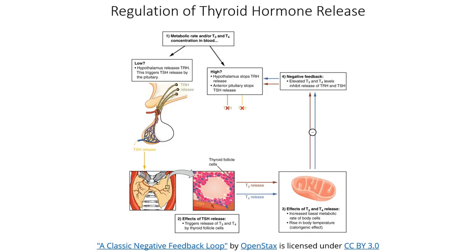T3 is triiodothyronine, and T4 is thyroxine. The difference between those is how many iodines are attached to that molecule. T3 has 3 iodines, T4 has 4 iodines.